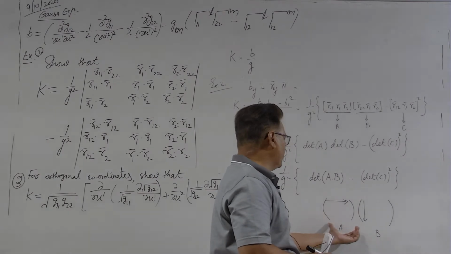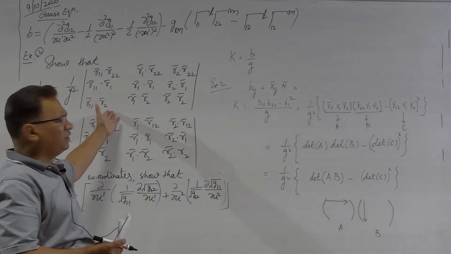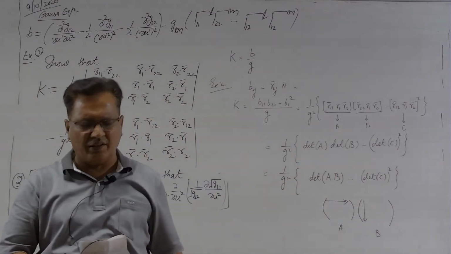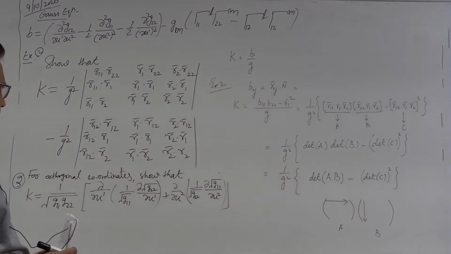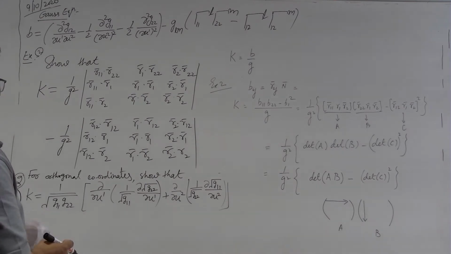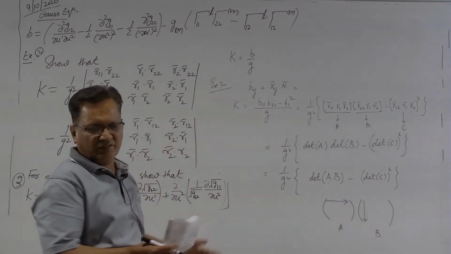Then you take the determinant, that will give you the same quantity. So, you have to write down the rows and columns of matrices A, B and C, and you will get the result immediately. It looks a little long in expression, but it is a very simple exercise. You can straight away do it.